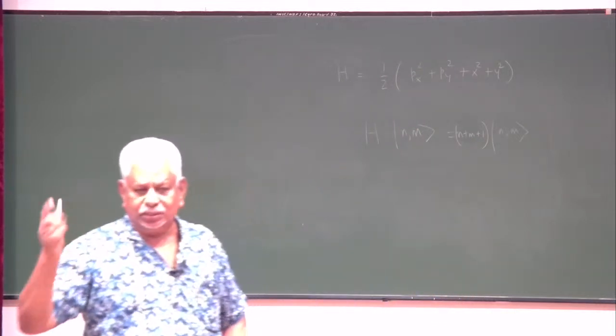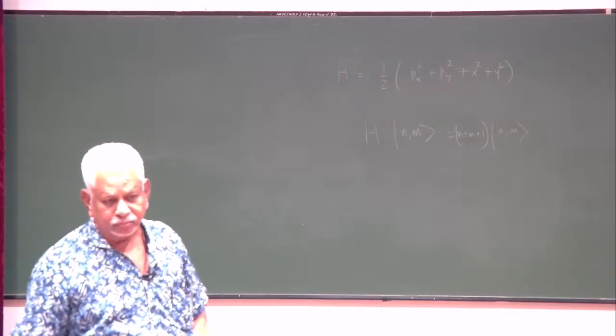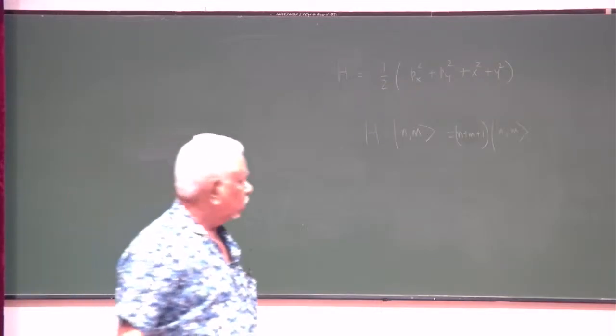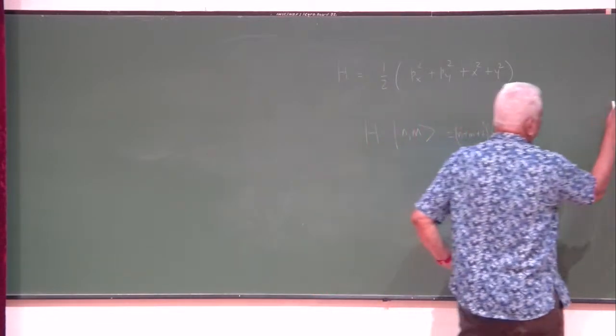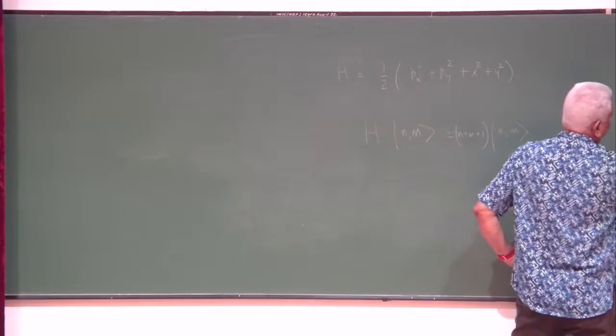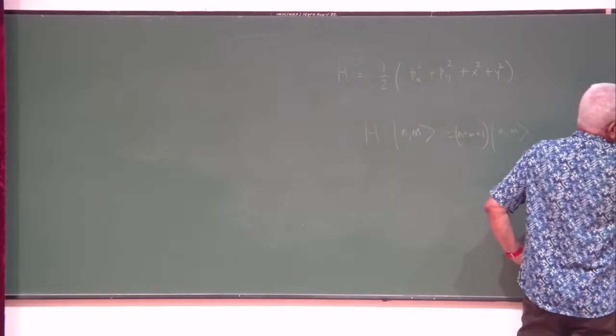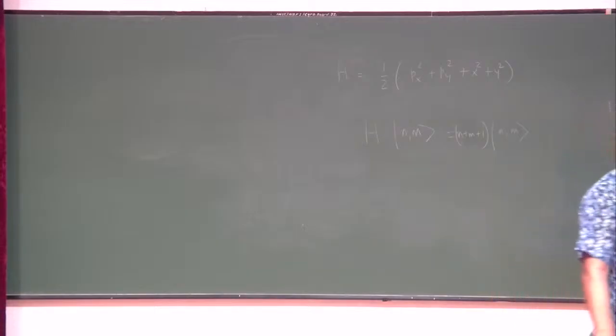What is the next state? Higher than 0. Yes. So you can have n is equal to 1, or m is equal to 1, and the value is 2, correct?